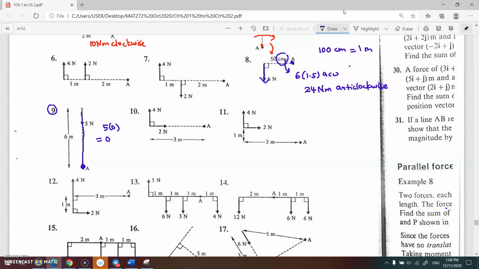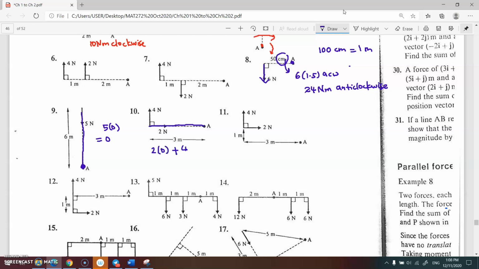Okay. Now question number 10. If you have more than one force, you need to add the moments together. So for example, you find the first one first. 2 Newton, the distance, there is no perpendicular distance, so it is 0.